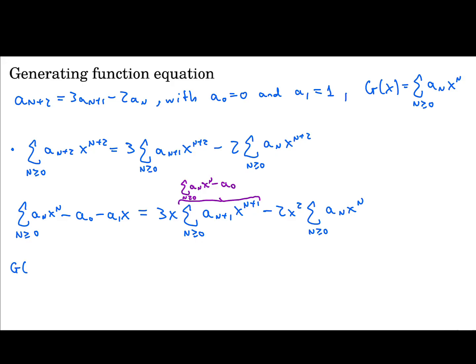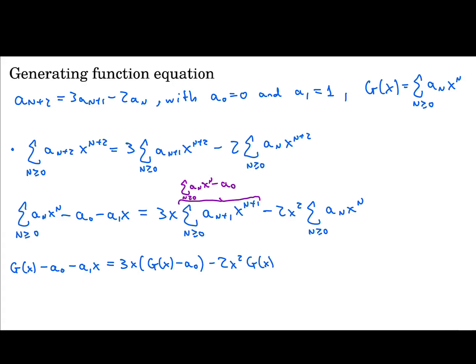So we're going to get g of x minus a_0 minus a_1 x is equal to 3x times (g of x minus a_0), minus 2x squared g of x, right? And so we can now use our initial conditions, a_0 equal to 0, a_1 equal to 1, to replace them here, here, and here.